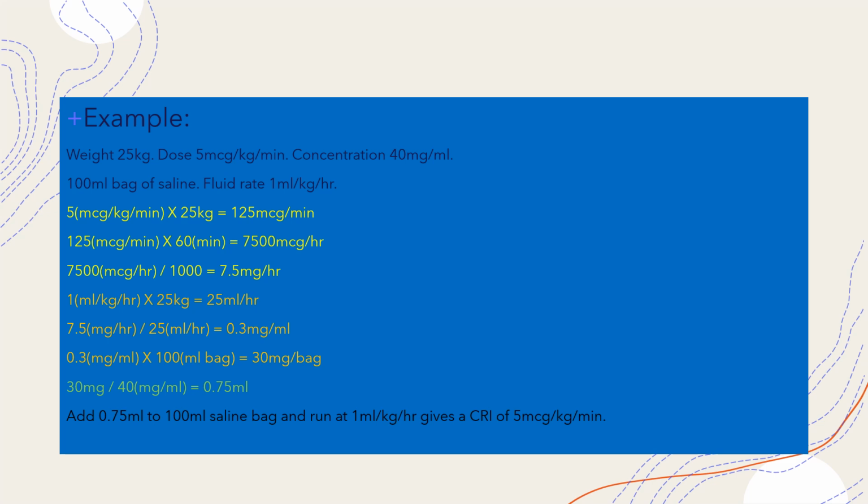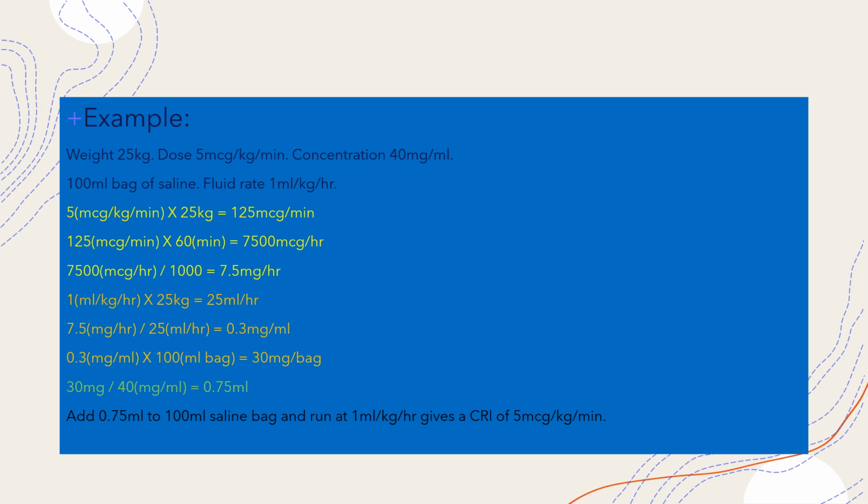So to start off, we would do 5 times 25, so we need 125 micrograms per minute. Then we would times this by 60, so we would need 7,500 micrograms per hour. But we would divide this by 1,000 to get our milligrams, and that would be 7.5 milligrams per hour.